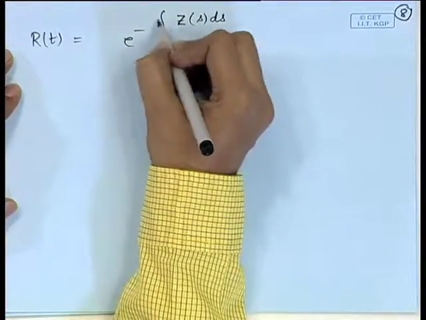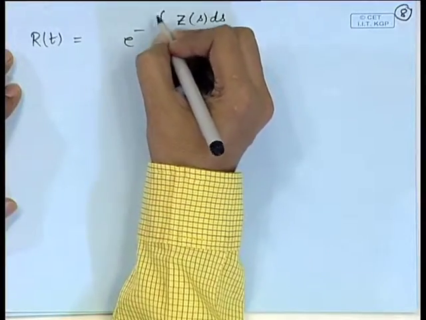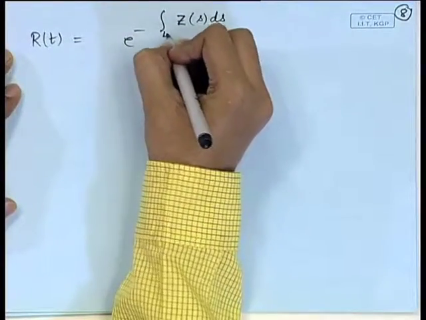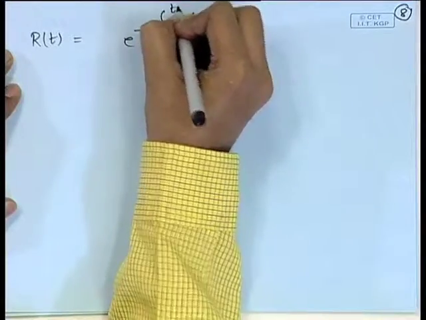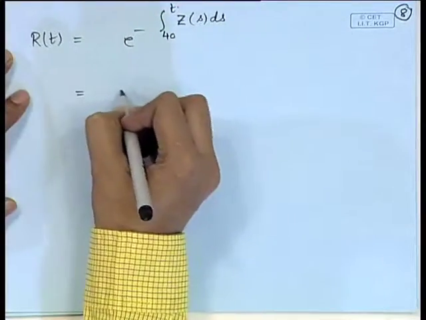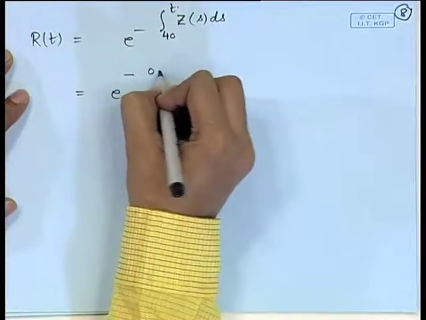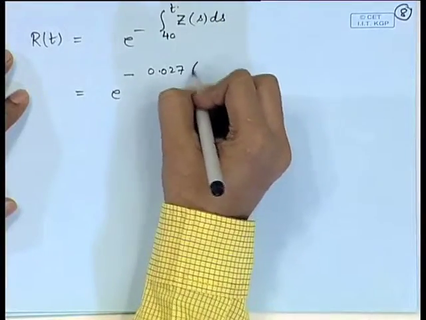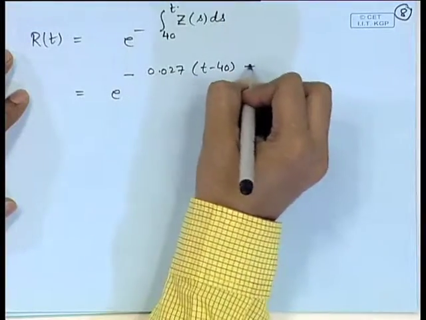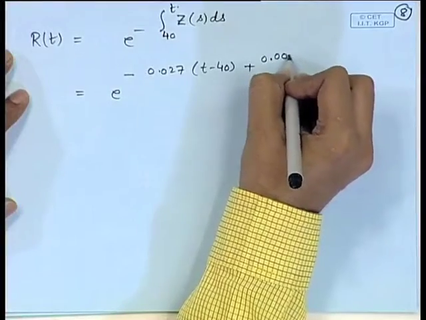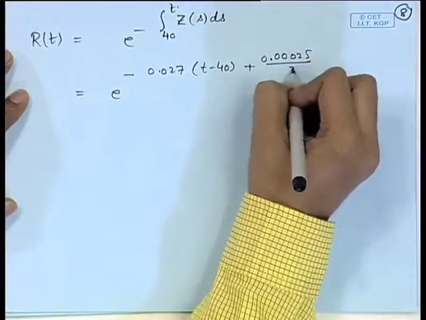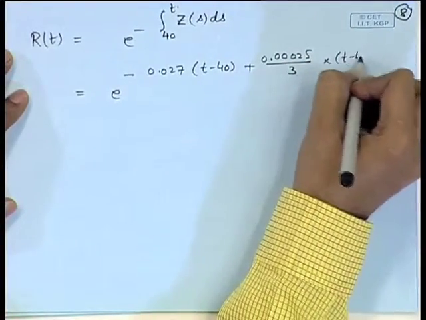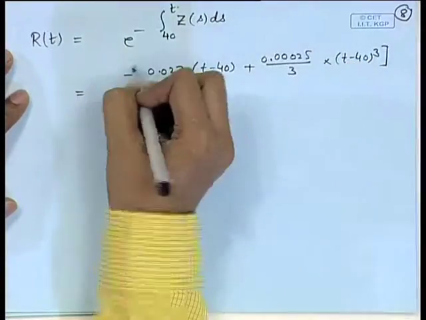Now, here we have written an indefinite integral there, but since it is already given, we can put the limits as 40 to t. That is equal to e to the power minus of 0.027 times t minus 40 plus 0.00025 by 3 times t minus 40 cubed.